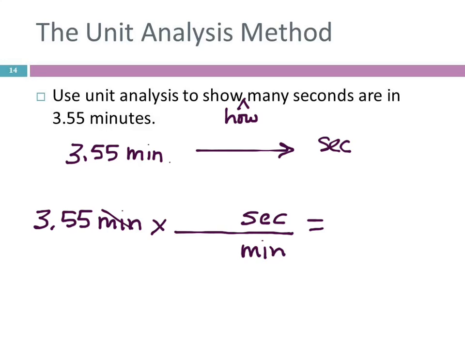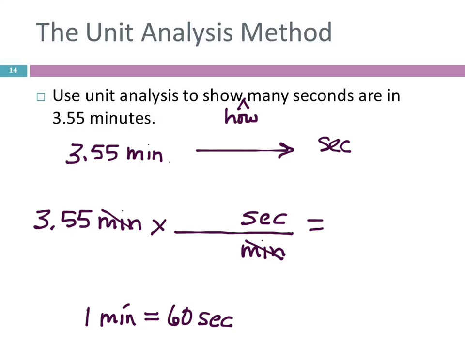So the minutes are going to cancel out. And the unit we're going to end up with in our answer is seconds. Now we can't stop there. This has to be equal to 1. And so this one we can do in our heads, but sometimes you may want to actually write down that unit equation. 1 minute equals 60 seconds.